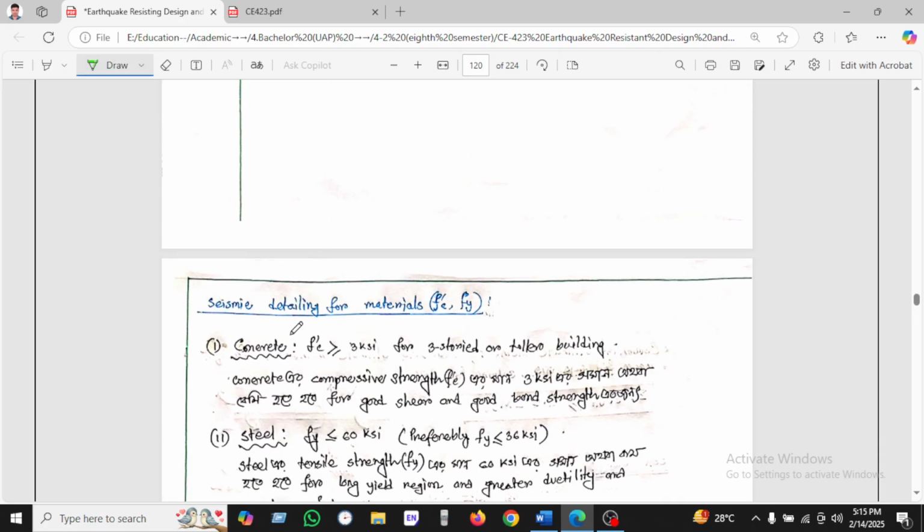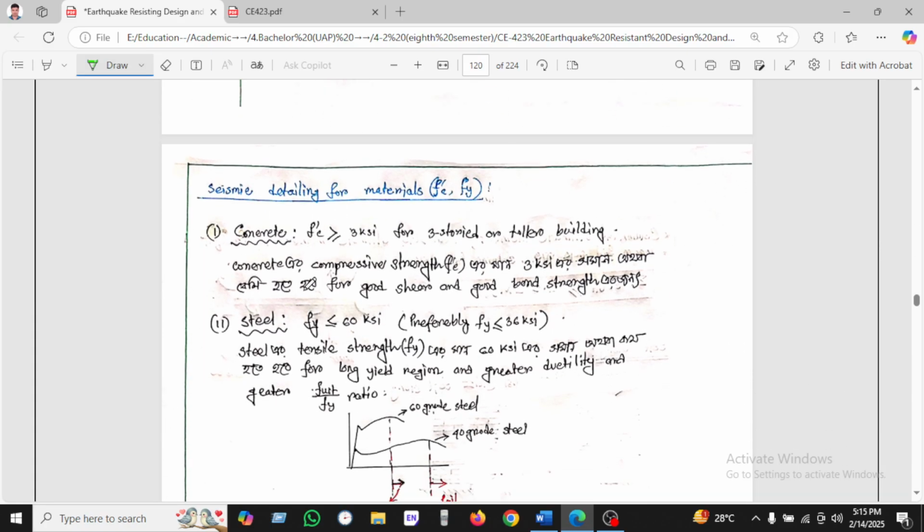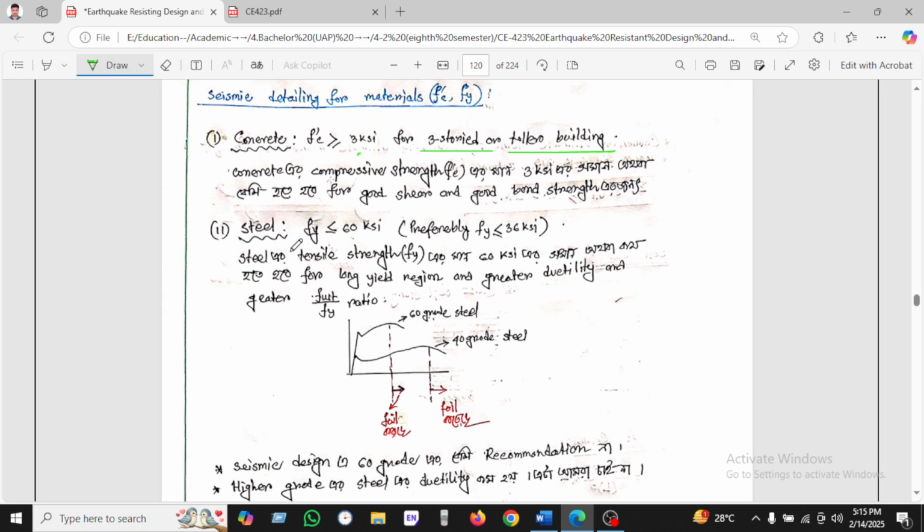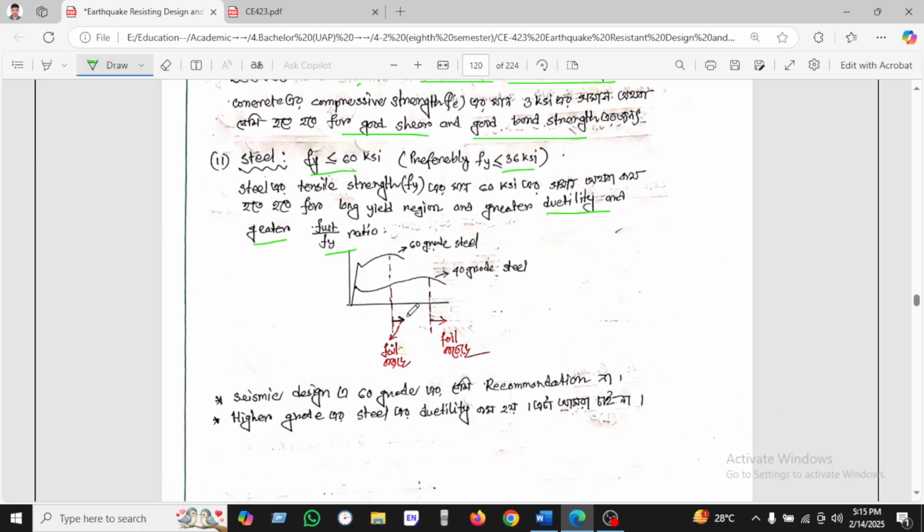So let's see seismic detailing of material. Concrete f'c is greater than 3 ksi for buildings of 3 stories or taller, for good shear and good bond strength. Steel fy must be less than 60 ksi, preferably 36 ksi, and the ductility ratio of fu divided by fy is greater than 1.2.